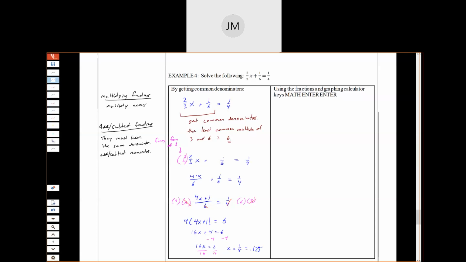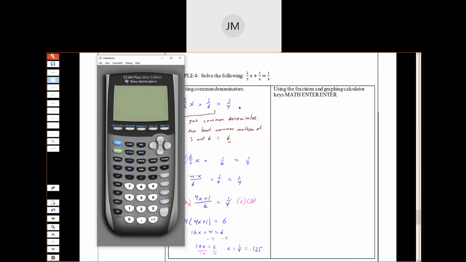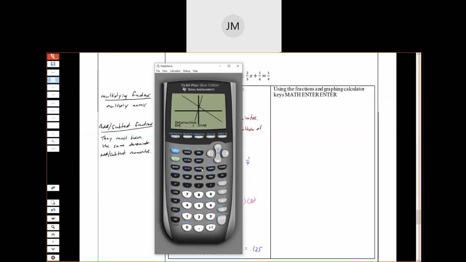Okay, let's look at using your calculator to do this same thing. And I don't mean by like using a graph. We can get our calculator to actually compute common denominators. So if I hit math, I can see this convert to fraction.